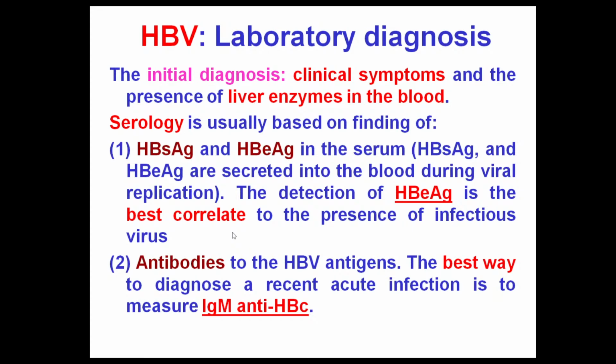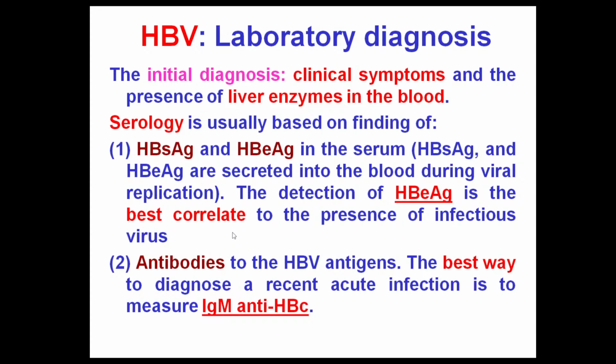The antigens themselves and antibodies against these antigens can be used as serological markers, but not all hepatitis B antigens have the same diagnostic value. For example, hepatitis B E antigen is very important because it is a secreted antigen and it will usually be secreted in large amounts into the bloodstream during the virus replication.